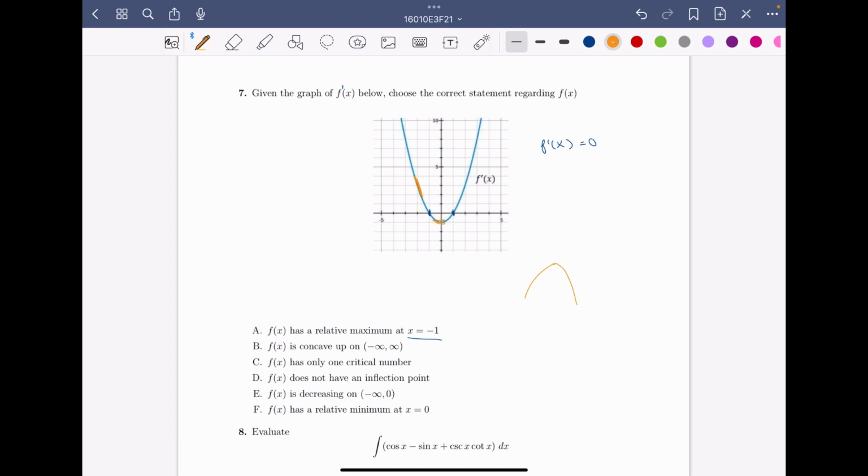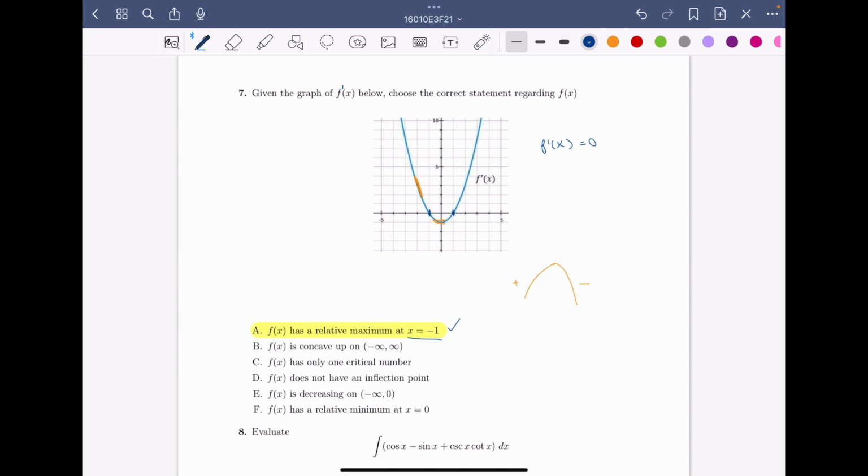So again, because this slope is going from positive, so that means that it is increasing on this interval, to negative. Once it passes x equals -1, there is a relative maximum at x equal to -1. So that means our answer is A, but we can go ahead and just check some of these other ones.